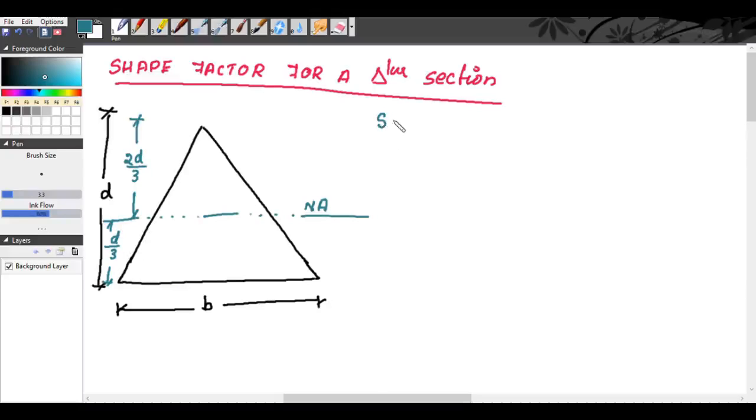We know shape factor is equal to Zp by Z. First of all, for calculating Z, it is I by Y. So I for a triangular section, I passing through the centroid, is equal to BD cube by 36. So BD cube by 36 divided by Y. What is Y?